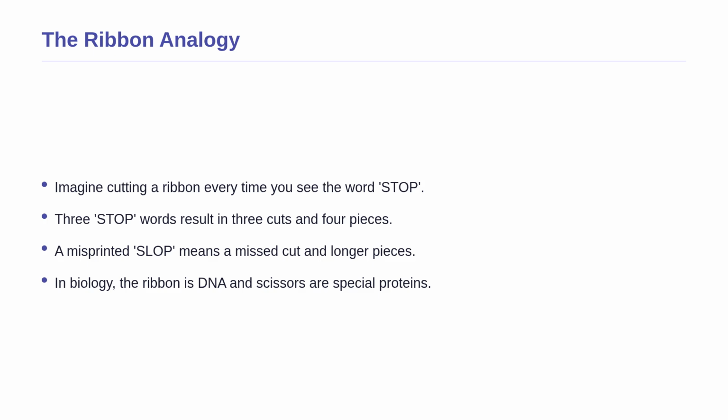Now, imagine your friend has a similar ribbon, but a manufacturing error changed one "stop" to "slop." When they cut their ribbon, they will miss that cut and end up with fewer, longer pieces. This simple idea of cutting at specific words and comparing the lengths of the resulting pieces is exactly how scientists diagnose genetic diseases. In biology, this ribbon is our DNA, and the scissors are special proteins.